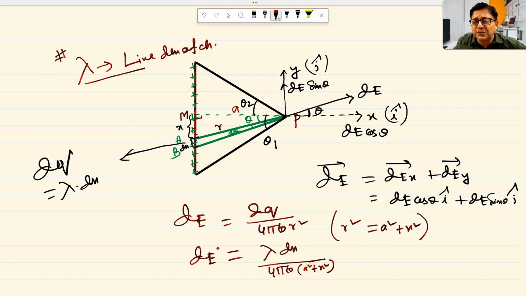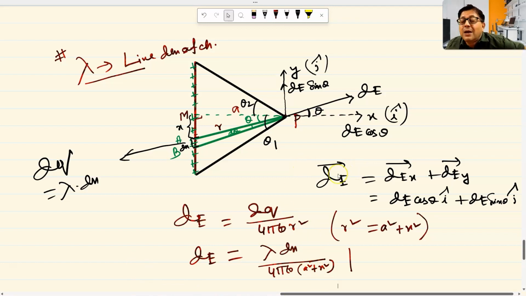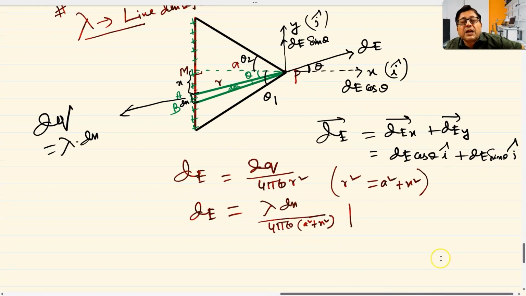This is the magnitude. Cos theta and sin theta, if you want to write in terms of theta, you can, but we'll avoid that here. Because you have taken angular positions theta 1 and theta 2, you should express everything in terms of theta 1 and theta 2. How to? Let us write the value of dE: lambda dx by 4 pi epsilon 0 into a square plus x square.